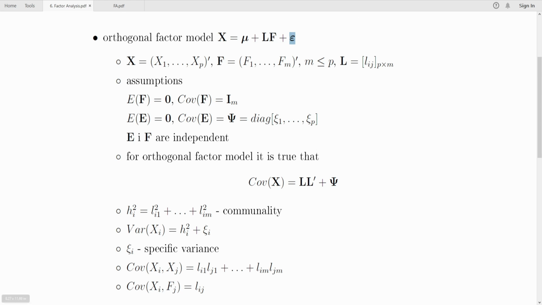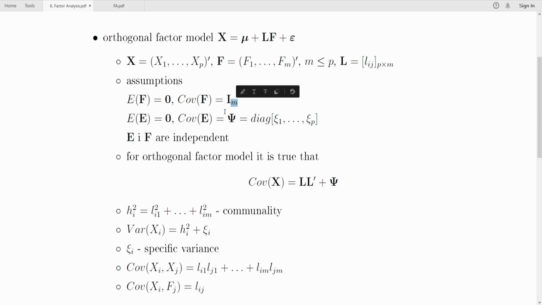The covariance of our unobservable random vector f has 1 on the diagonal and 0 otherwise, an m times m identity matrix.